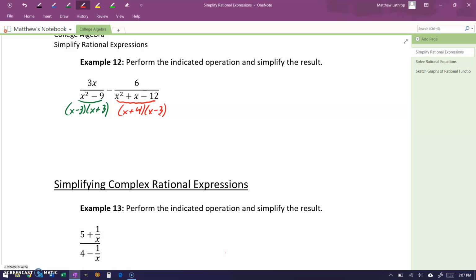So what we'll need to do is multiply each expression by what it's missing. In this case, the first expression will need to be multiplied by x plus 4 over x plus 4. And the second expression will need to be multiplied by x plus 3 over x plus 3.